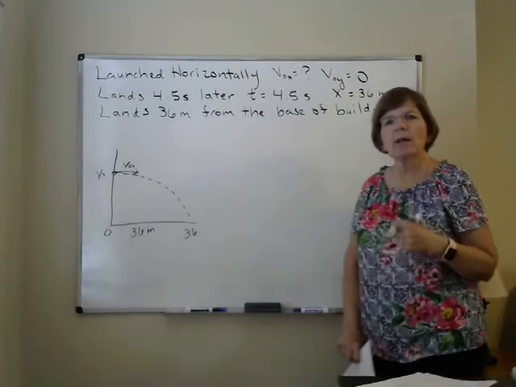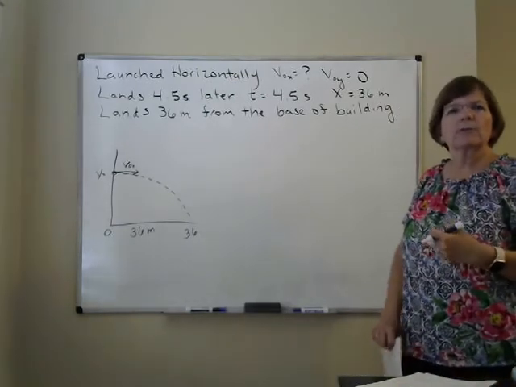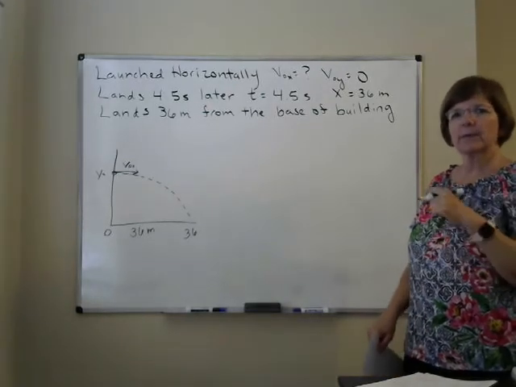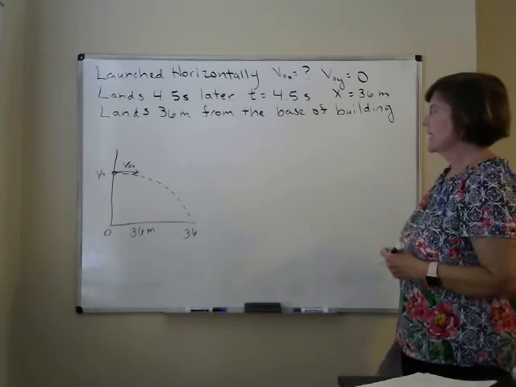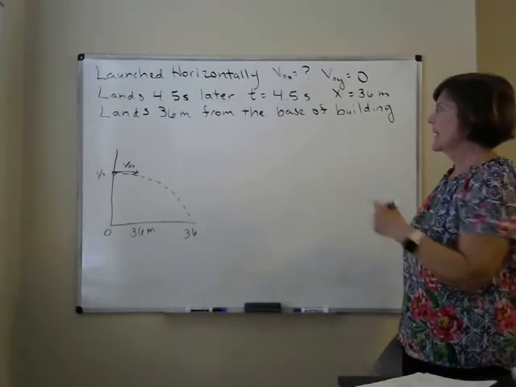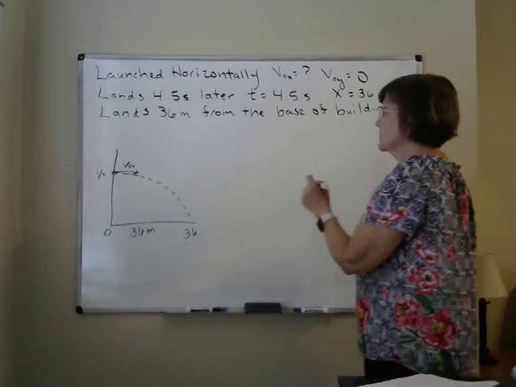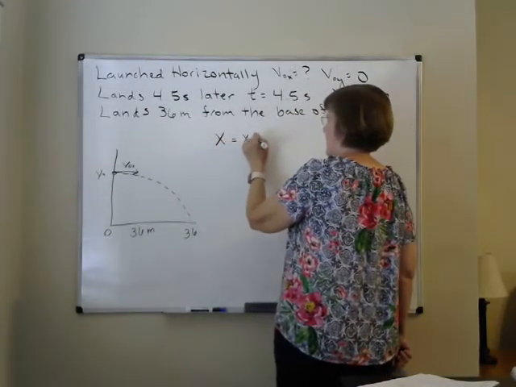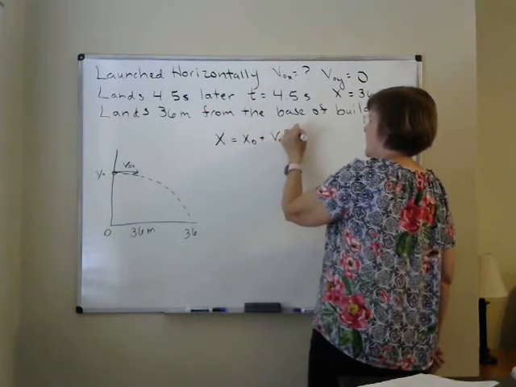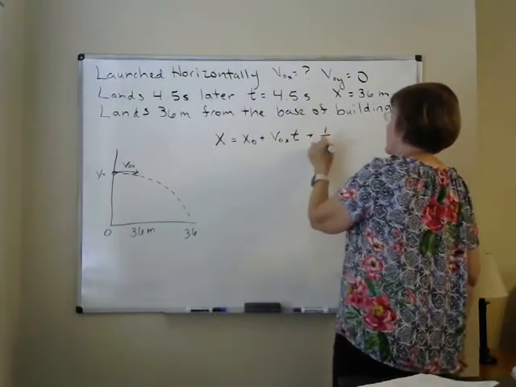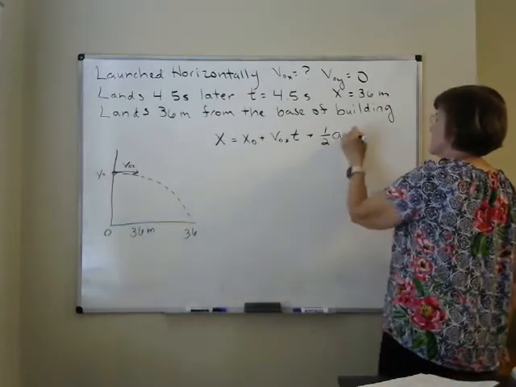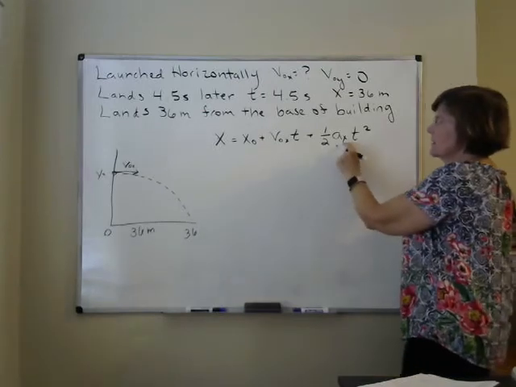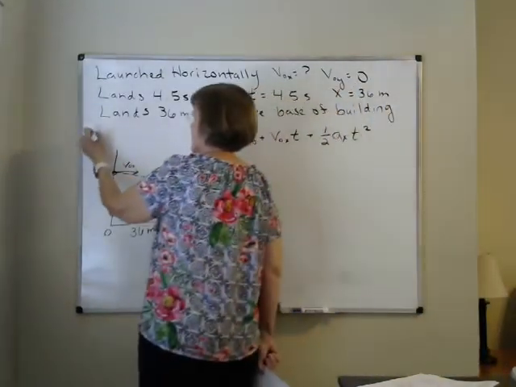This is an awful lot like the problem we just worked, only we're starting with the answers instead of the question, in a sense. We're working from a different set. Now, if I know time and I know distance, I can use this fact. I'm going to write the whole equation, even though I know we're not going to use most of it. We didn't write down our accelerations, but we know those.